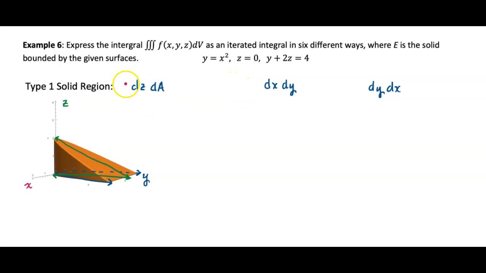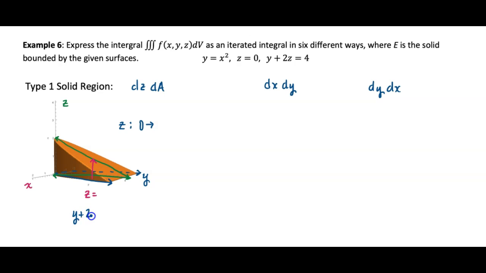So when we start off this type 1 solid region, we're going to look at this 3-dimensional region to see what our z values are doing. Because z always starts at 0, we're always going from 0 to any given value. I look at this pink arrow here, this is going to be an equation in the form of z equals something. So our z, being a function of x and y, is going to go from 0 to, well, what's y plus 2z equals 4?